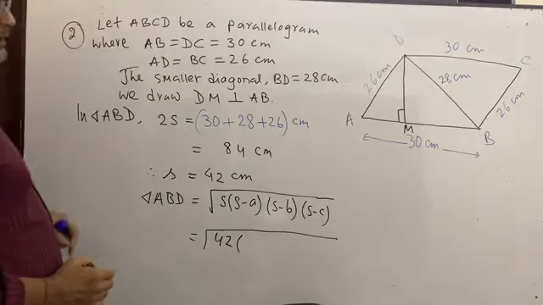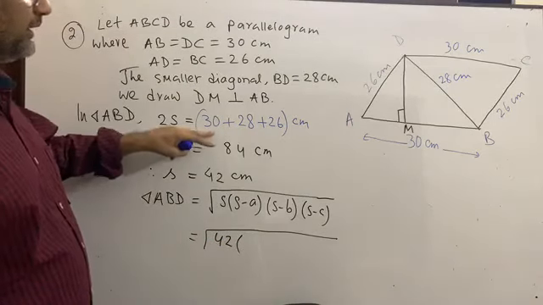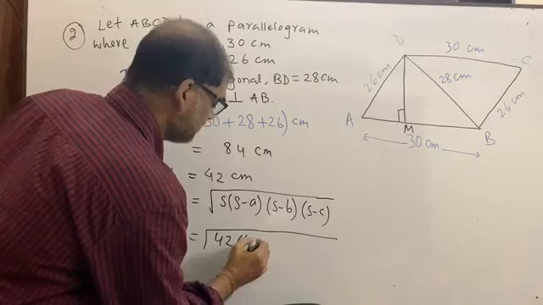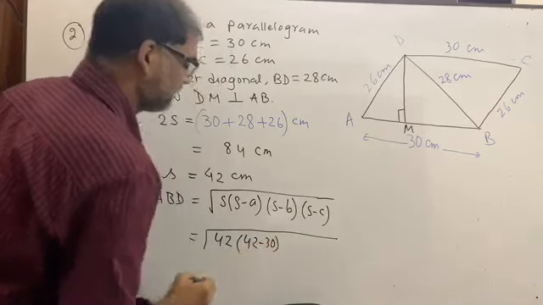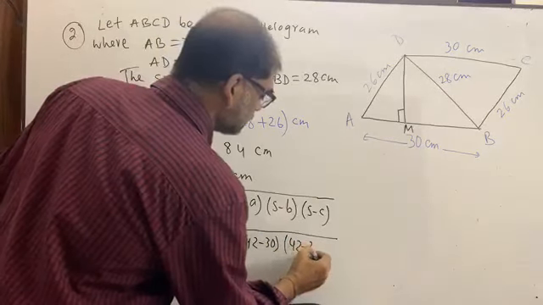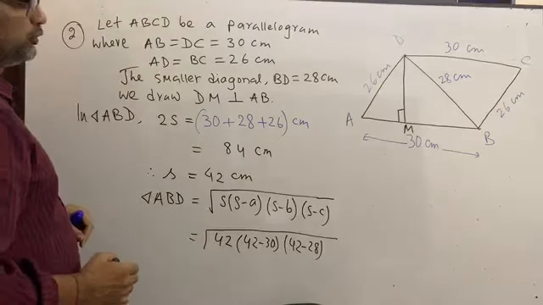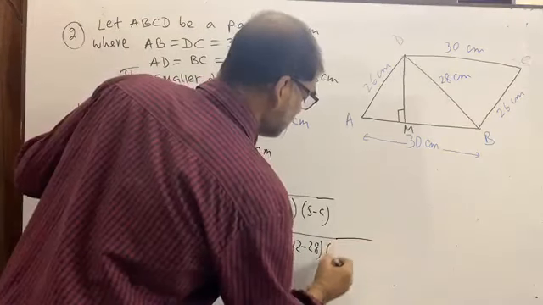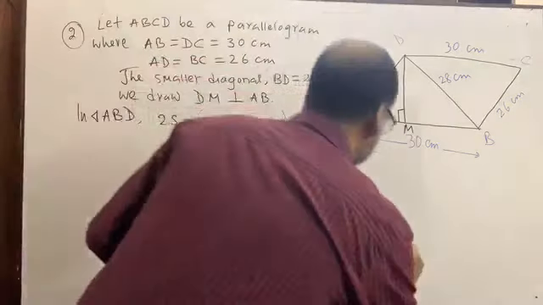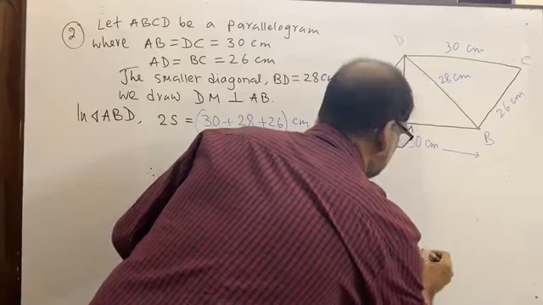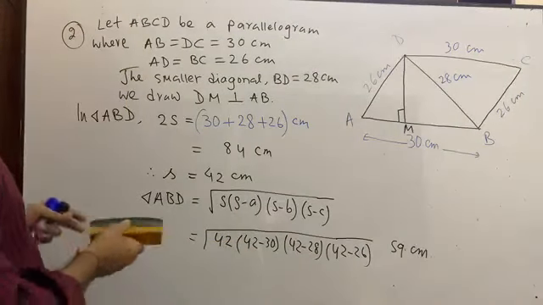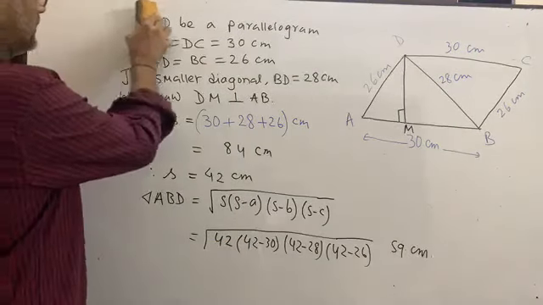You consider, suppose this is A, this is B, and this is C. So 42, 42 minus 30, 42 minus 28, 42 minus 26, square centimeter. Now all of you use the calculator to determine the area. I think all of you have copied as well.